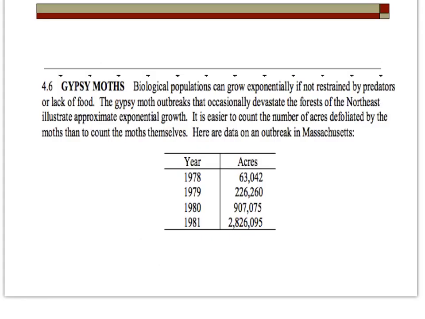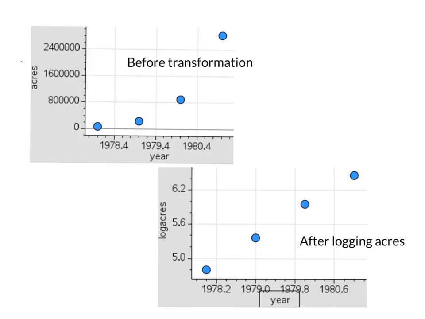Go ahead and plot this on your calculator and see if you can figure out a way to straighten it out. Okay, so if you look before transformation here, what I've done is just a scatter plot of the raw data.